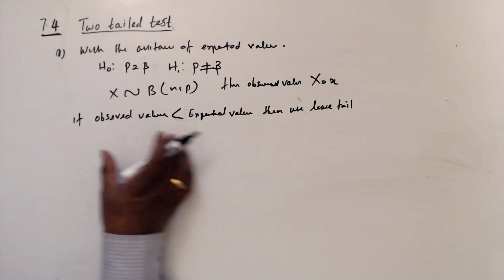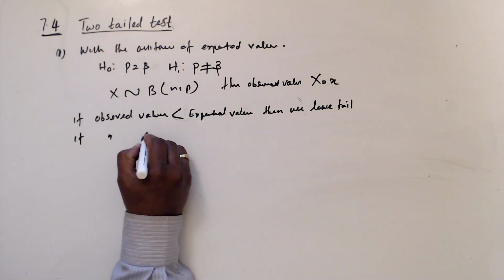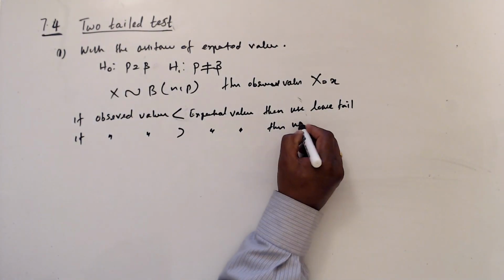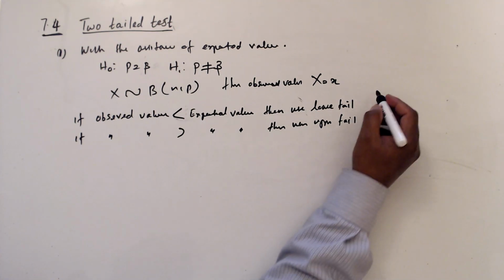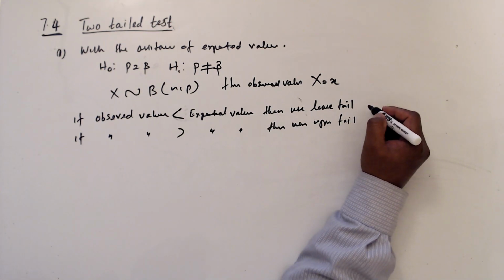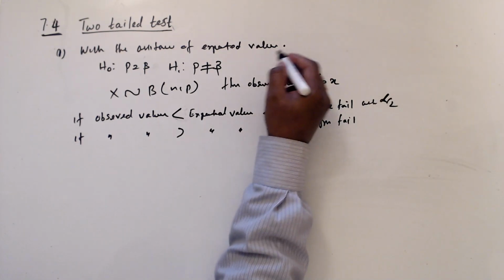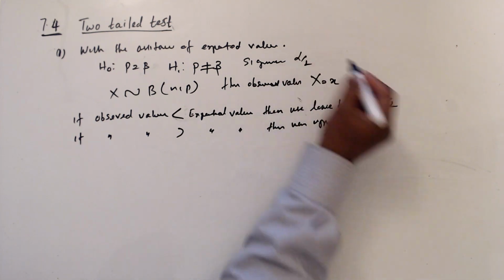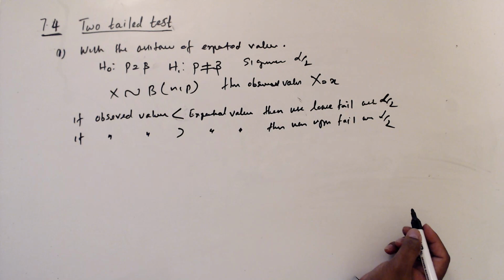If the observed value is greater than the expected value, then use upper tail, with the significance level alpha by 2.